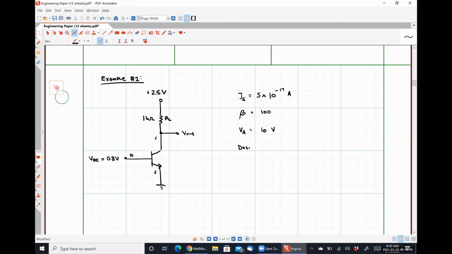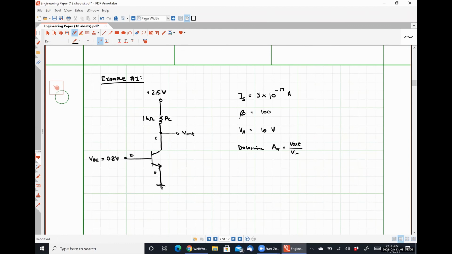So we want to determine the small signal voltage gain, which is defined as the small signal output voltage divided by the small signal input voltage of our system. That means we have to use and define all the parameters in our small signal model. But those parameters are defined by the DC operating point of our system.